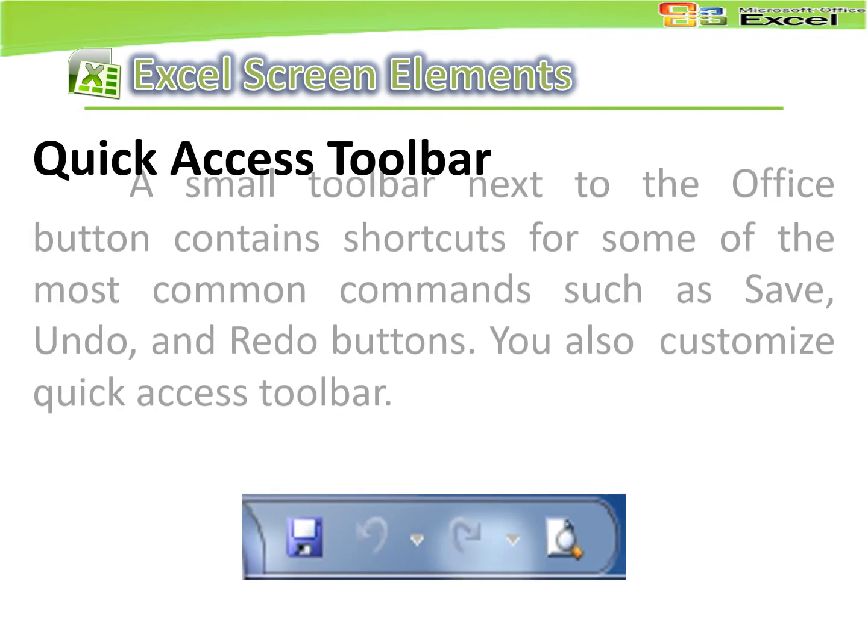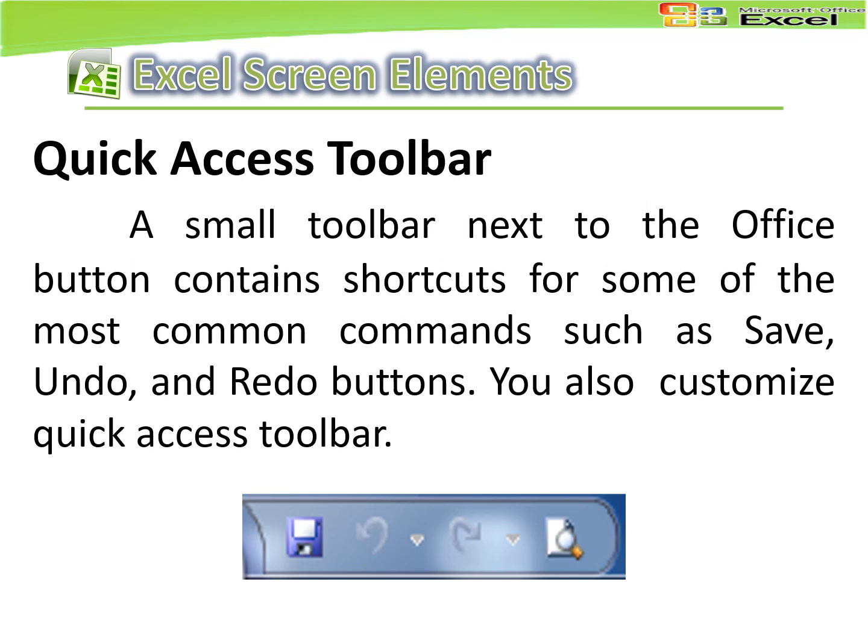And you have also your quick access toolbar, like with the other MS Office program, right? We can find some shortcut menu or commands such as save, undo, and redo buttons. You can also customize or modify which commands you want, right, to add on your quick access toolbar.